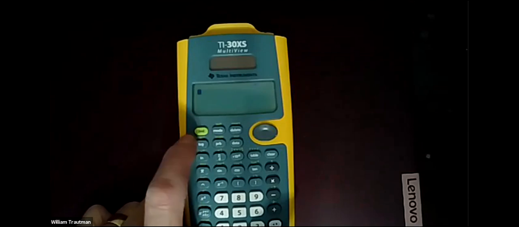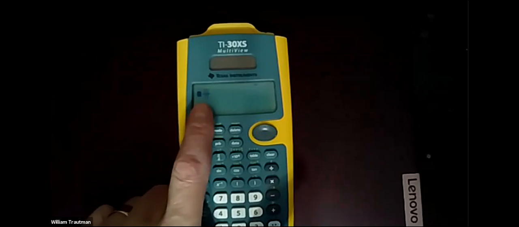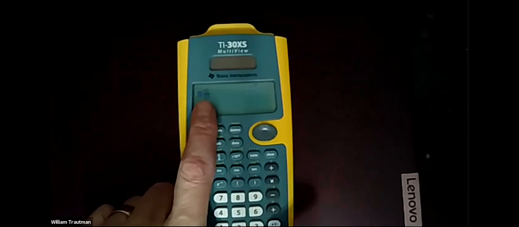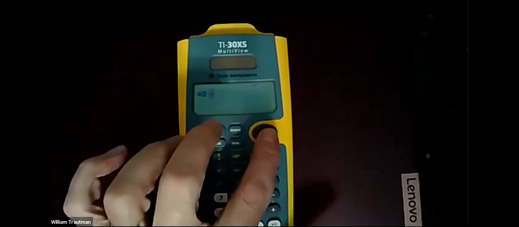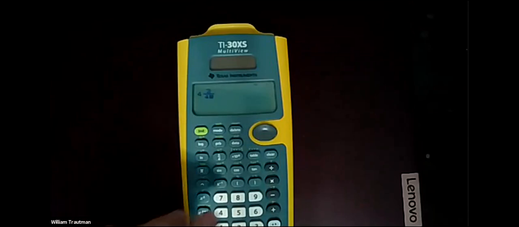So if I hit the green second and the n/d, it puts a mixed number up here. 4, and then I'm going to arrow over to 3, and I'm going to arrow down to 4. 4 3/4, and then I'm going to get out of it. So second n/d gives you the mixed number. 4 3/4. And if you just hit enter, I didn't even have to type anything in, it changes to an improper fraction automatically.